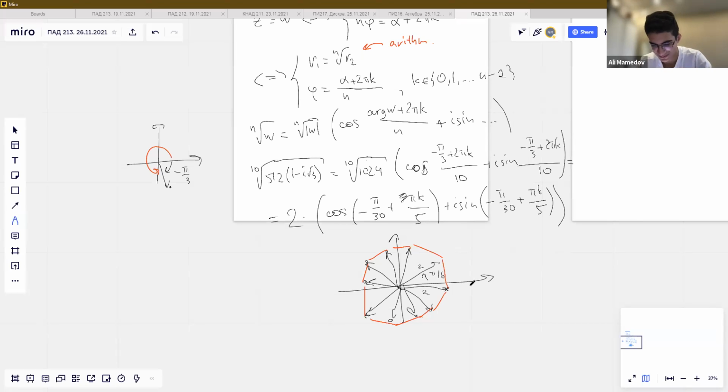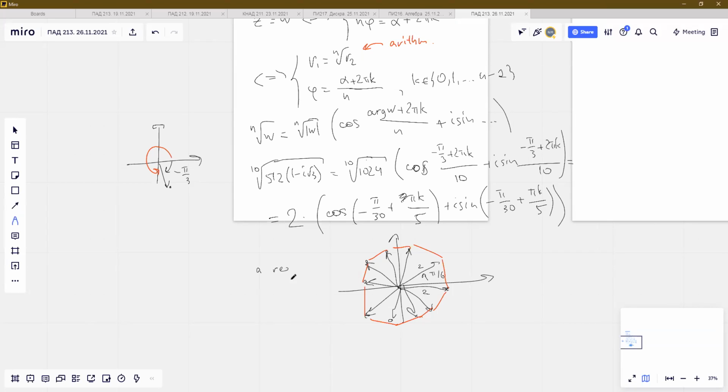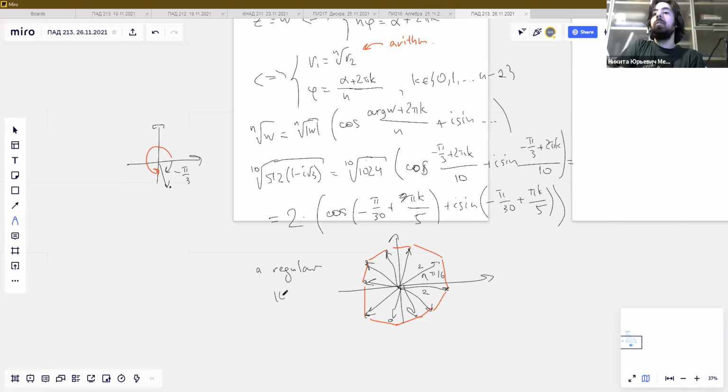Aha, we don't know the English for this. Okay. Yes. I see. It is a regular tengon. Well, one can say decagon, or one can say simply tengon. I think that's not a mistake. Okay. So правильный десятиугольник. Regular means правильный.